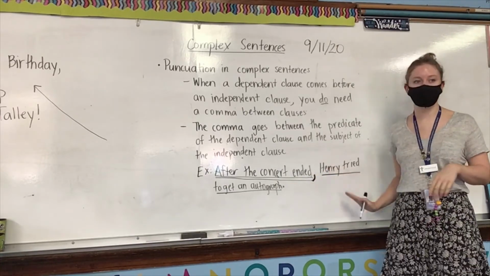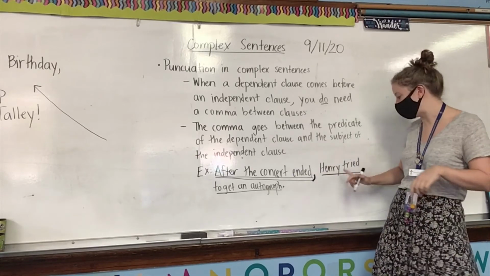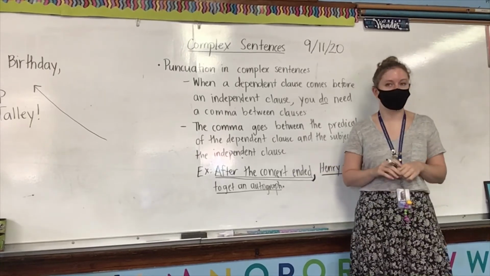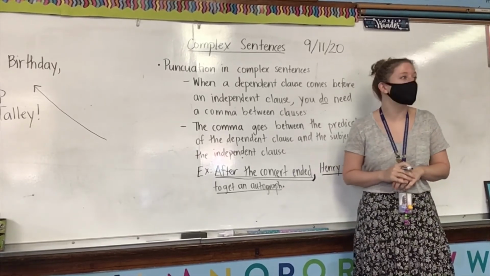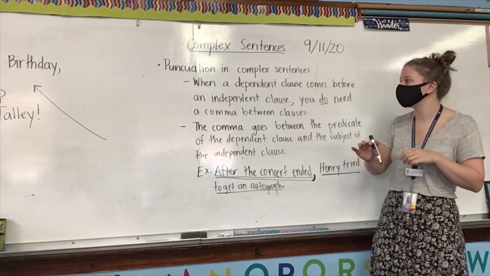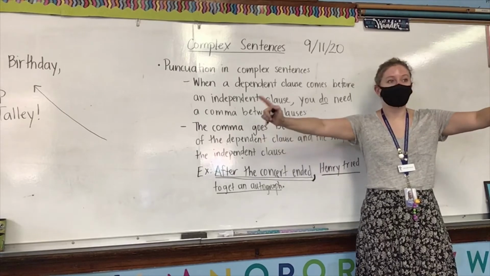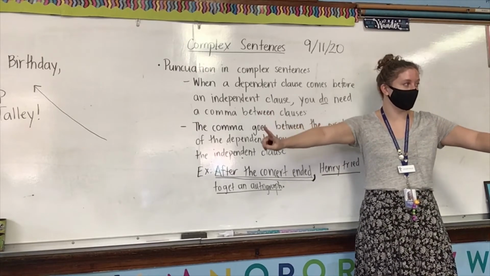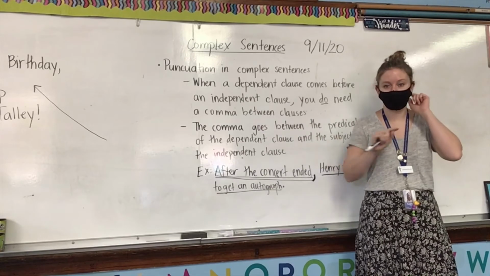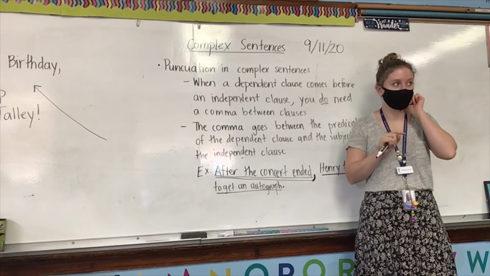If we flipped the clauses in this sentence and said, Henry tried to get an autograph after the concert ended, we do not need a comma because when the independent clause comes first, you do not need a comma. Does everybody understand?